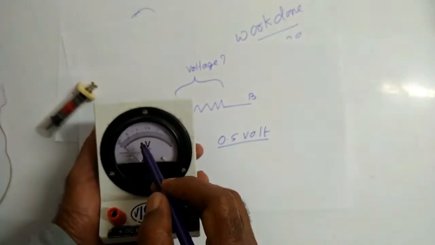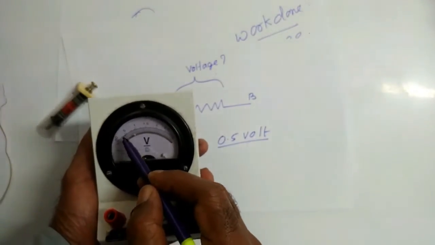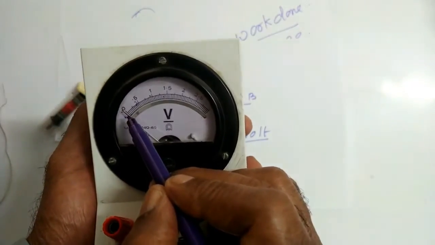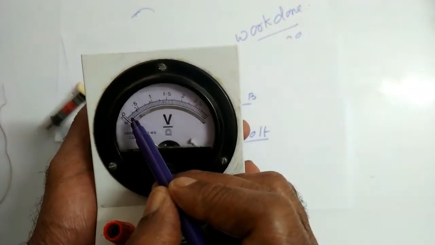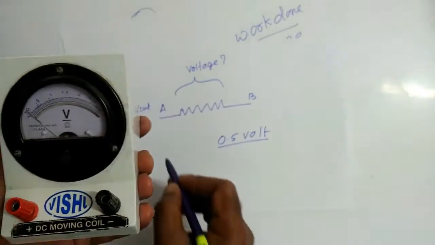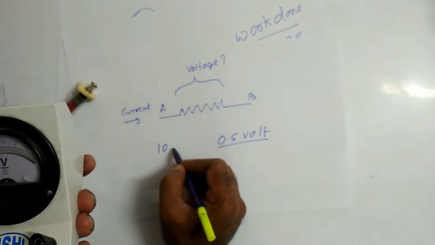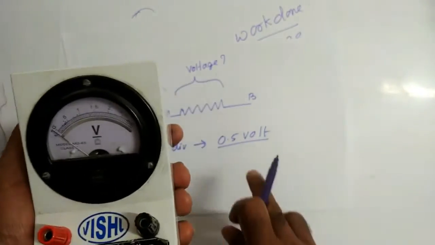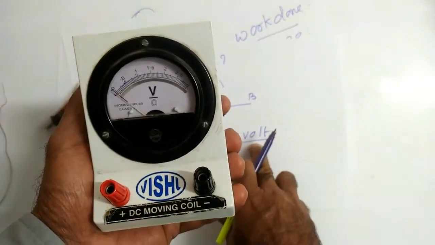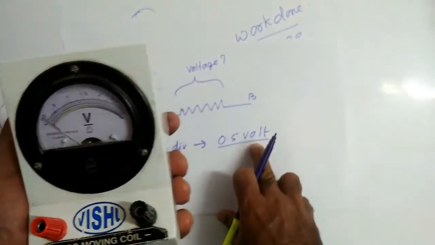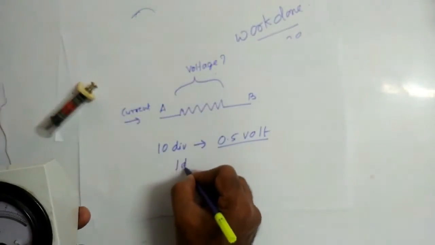And then how many divisions are there between 0 to 0.5? You have to count here 1, 2, 3, 4, 5 and then another 5. 10 divisions are there. So 10 small divisions together is 0.5 volt. Look at this again. And what will be the one division here?